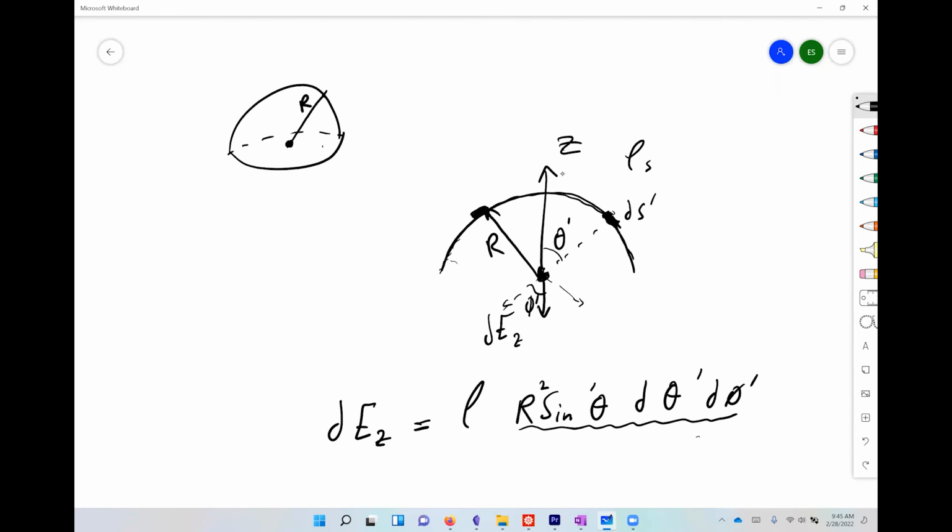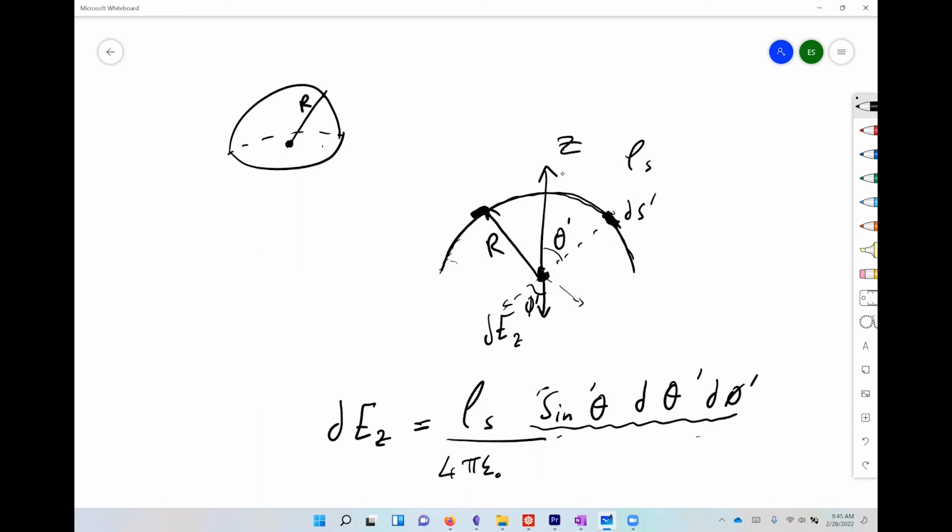But then I multiply this by rho s, and Coulomb's law says divide by 4 pi epsilon naught r squared. Okay, so this cancels with this. That's why I don't have r squared in the denominator, because it cancels with the r squared of the surface element.